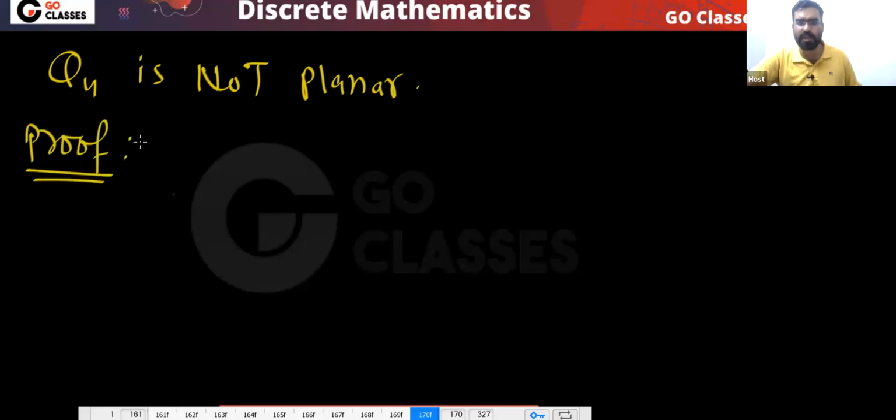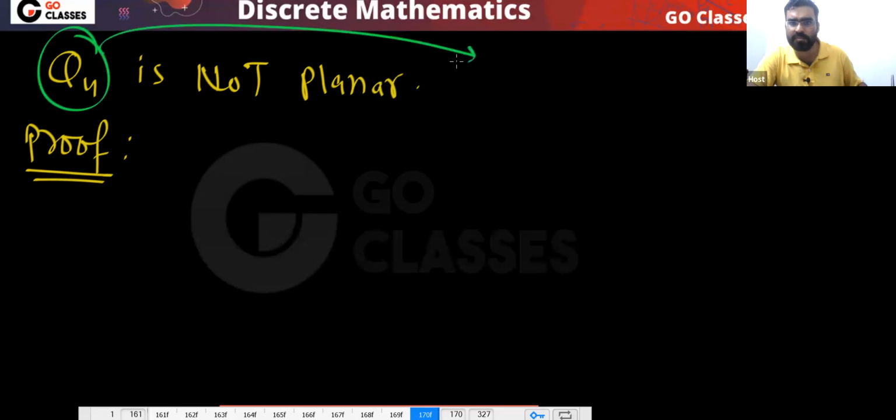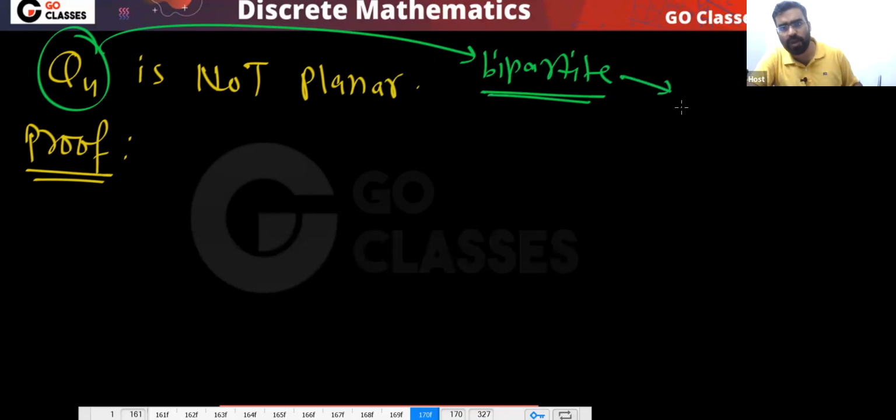Again, if it is planar, you know that Q4 is bipartite. Every Qn is bipartite. Because it is bipartite, there is no odd cycle, so there is no triangle also.